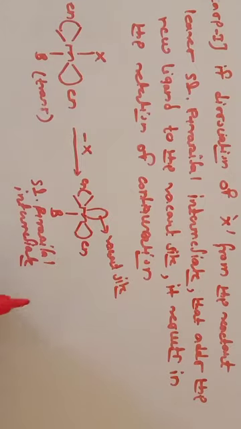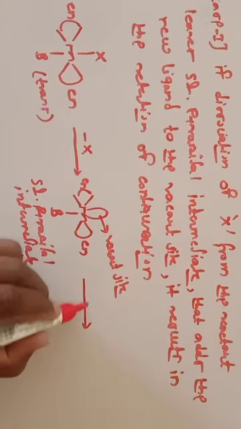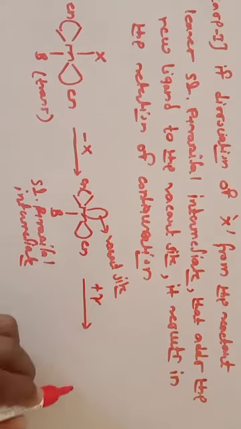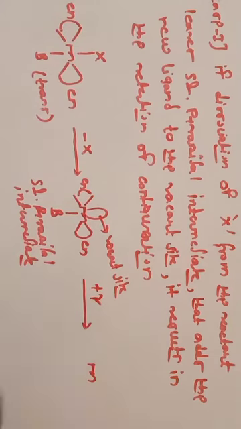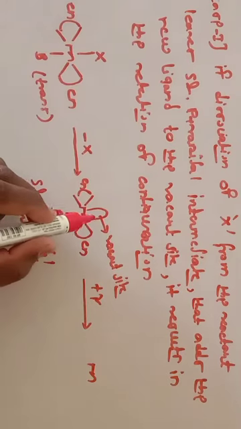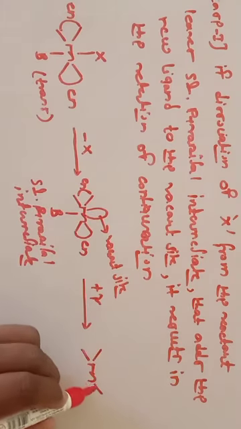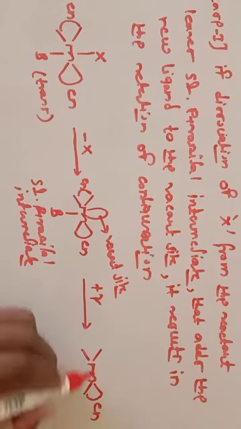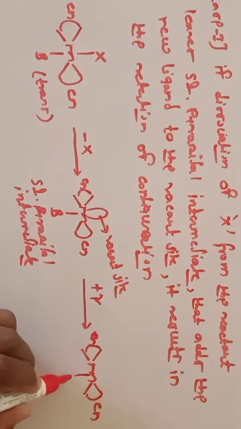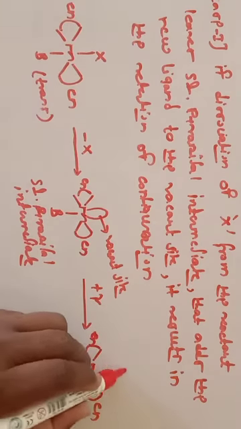So what is the product? The incoming nucleophile, that is your Y, will occupy the position of this vacant site, and we get this: en, this is your B, and this is your Y.